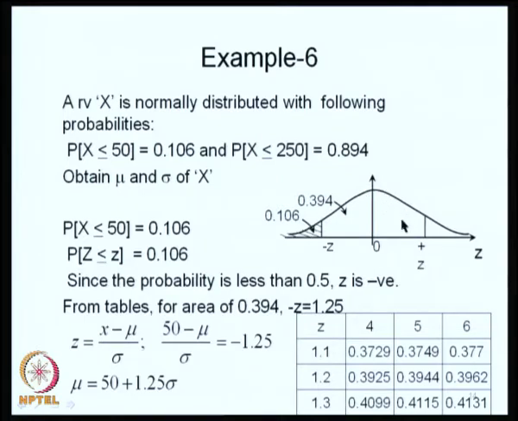So, corresponding to 0.394 you get a z value of minus 1.25. So, 1.25 corresponds to this area and you are interested in this particular area being 0.394. So, z value corresponds to 1.25 and that we convert as minus 1.25 here, because you are interested in this particular area. So, z is equal to minus 1.25. So, we write one equation, mu is equal to 50 plus 1.25 sigma, from this expression.